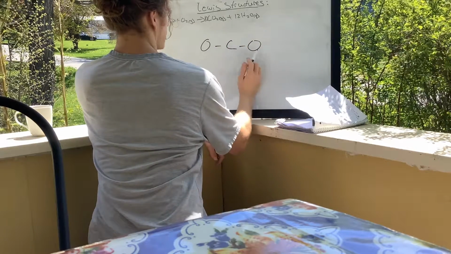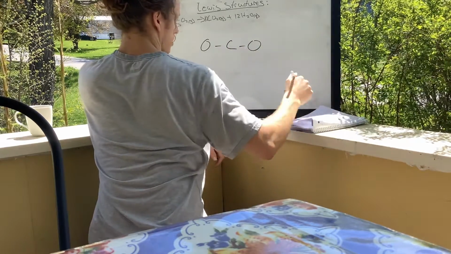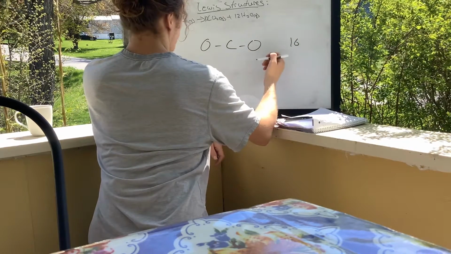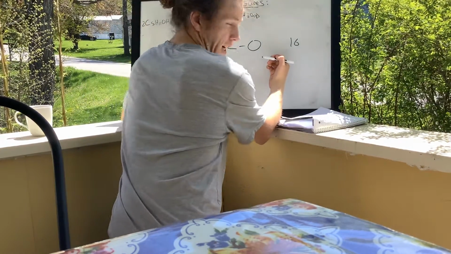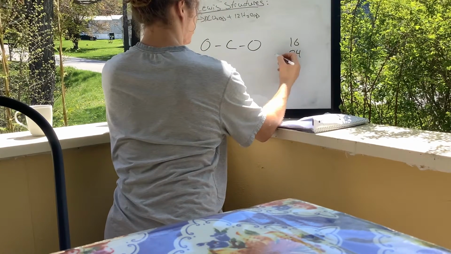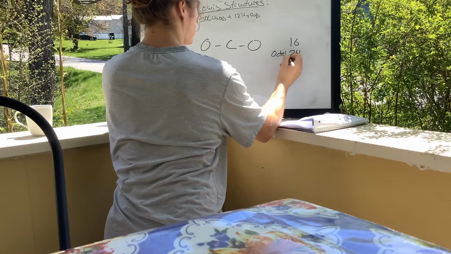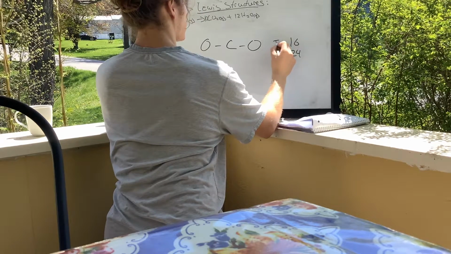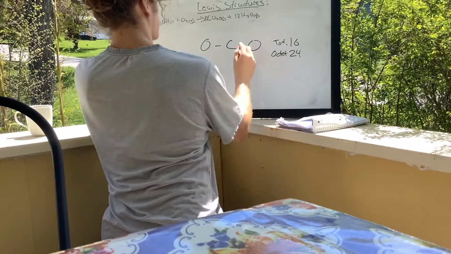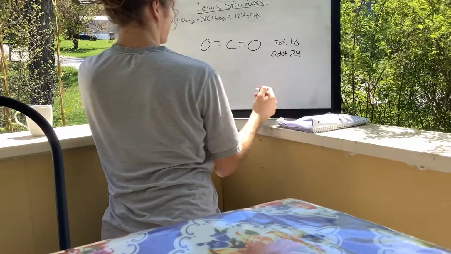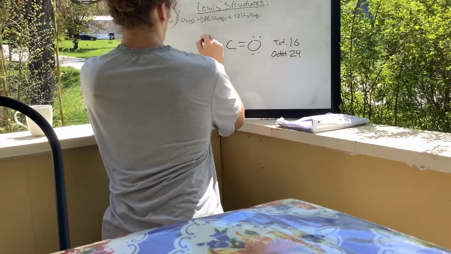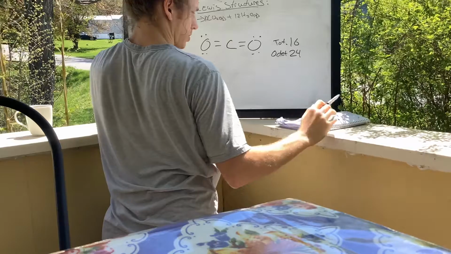We have 4 for C and 6 for O, so that gives us 16 total, and we want 24 because 3 atoms want 8, to fulfill the octet, ending up at a total of 24 for an octet. So we're going to have to put double bonds in here, just like we did before, and put 2 electrons on the top of both of these molecules.